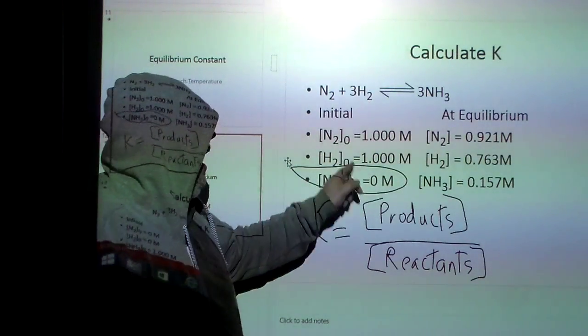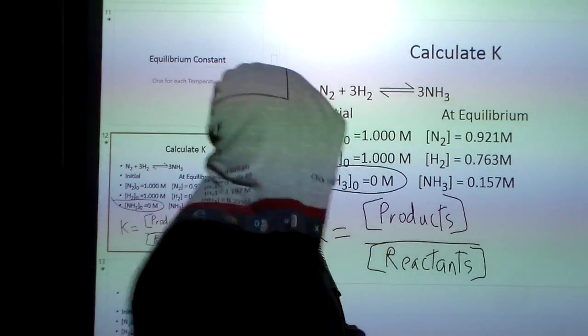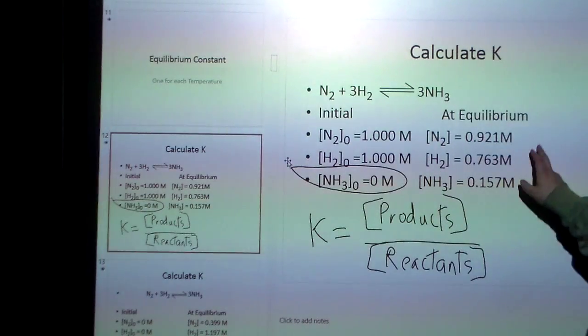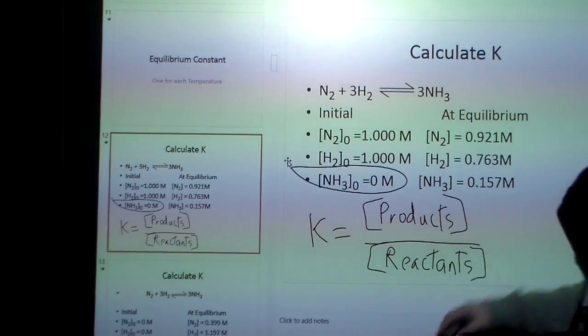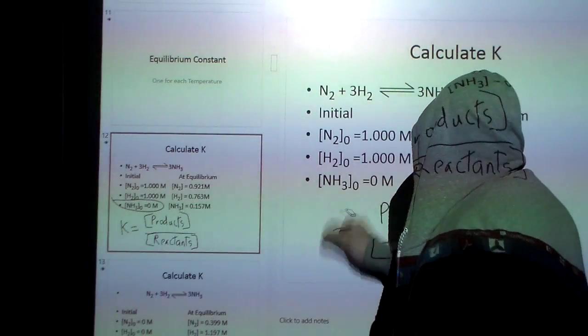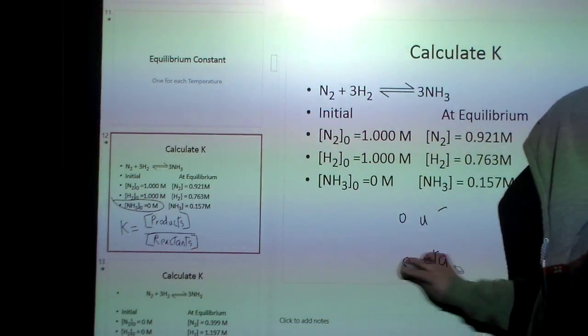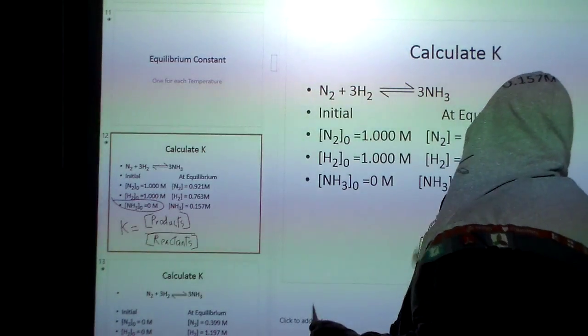So don't do that. When we say calculate the K, we're looking at our equilibrium right here. So what is that going to look like, given the formula that we have?